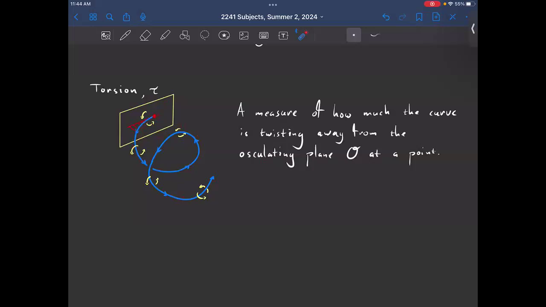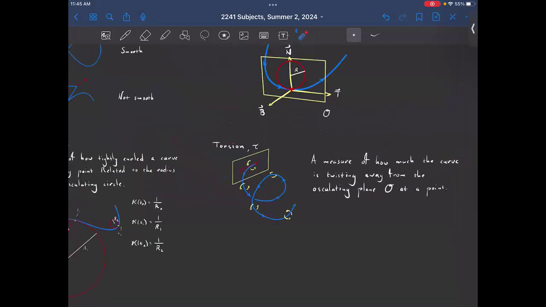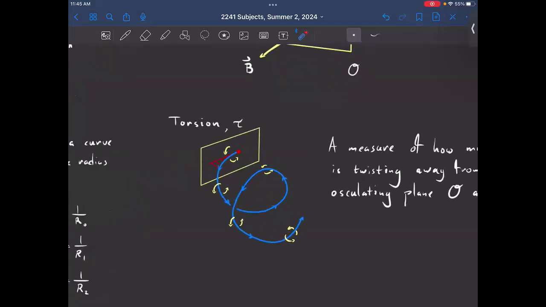This is a helix, because the helix is a good basic measurement of torsion. Okay. And you can think of the torsion as a measure of the tightness of a helix drawn to a curve.